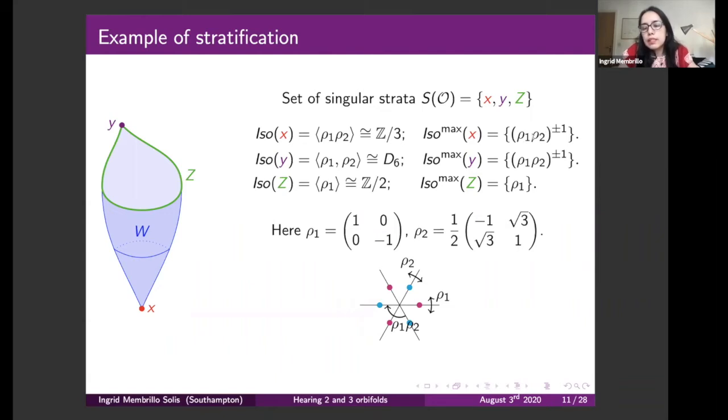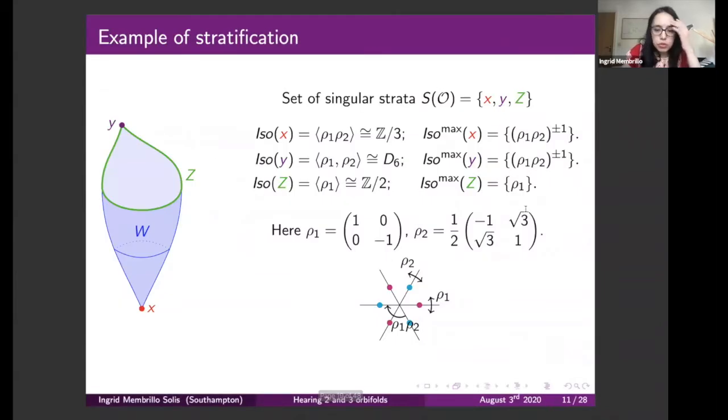So in this case, for instance, Isomax of X consists of 2 elements, rho 1, rho 2, and its inverse. And similarly for Isomax of Y, and Isomax of Z is rho 1. So as you can see, in general, for a singular stratum, Isomax is never going to be a group, but it's just a set of elements.